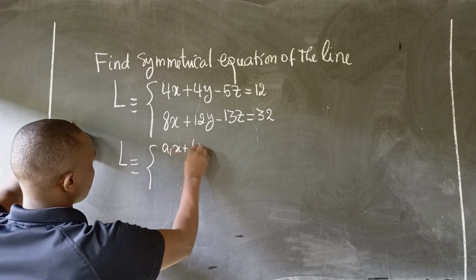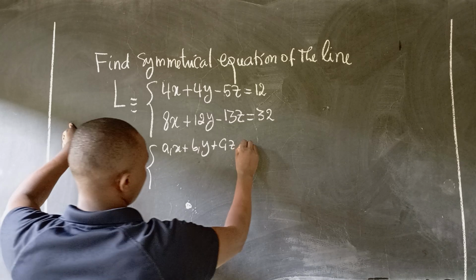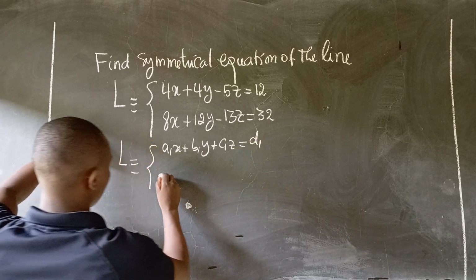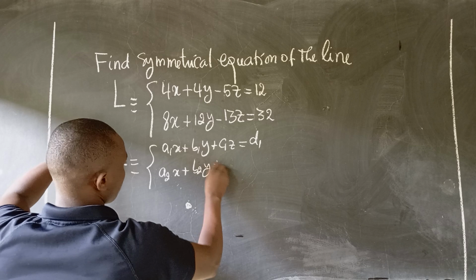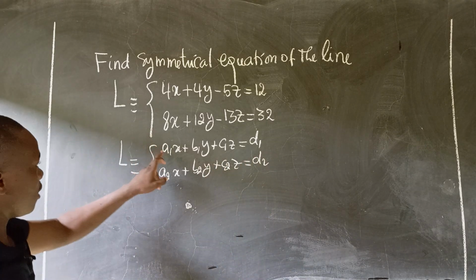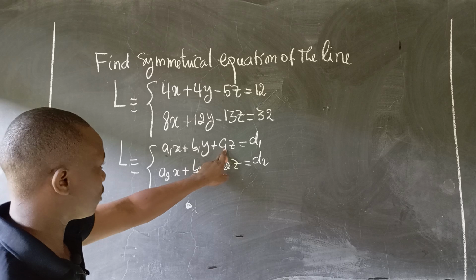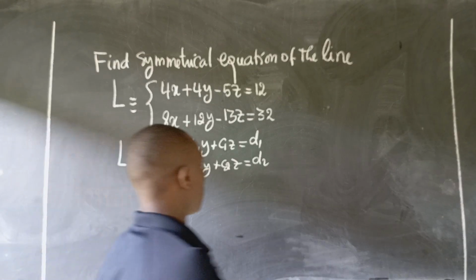Here, the planes are of the form a1x plus b1y plus c1z equals d1, and a2x plus b2y plus c2z equals d2. Here A, B, and C are the components of the normal vector.